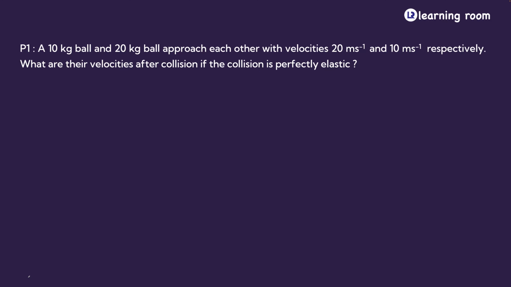Something into U1 plus something into U2. Check your notes. It is M1 minus M2 first, then 2M2. Which is negative?